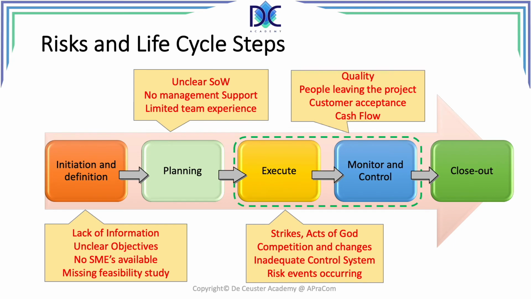People may be leaving the project. We may have some customer acceptance problems, and there may be some cash flow issues that we will encounter. Now, basically, these are the elements related to the life cycle steps of the project, and it's very important to understand what can go wrong during these different steps.